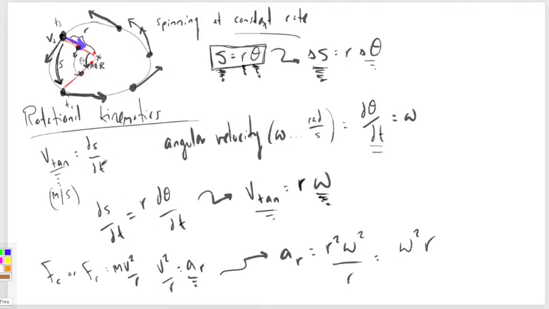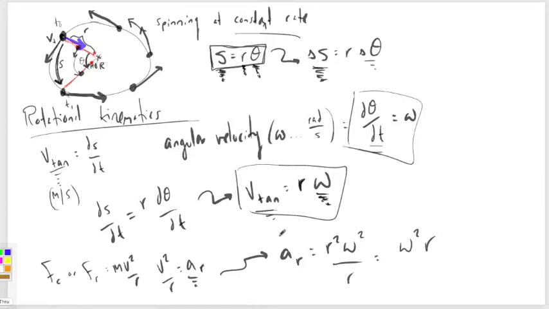Of course, tangential velocity is just what we're used to. And angular velocity is defined as this. How quickly are we sweeping out that angle theta? We call that omega. How many radians per second are we sweeping out? And then to go back and forth from the angular quantity to the tangential linear quantity, of course, just like this, we're going to multiply the angular quantity by the radius.